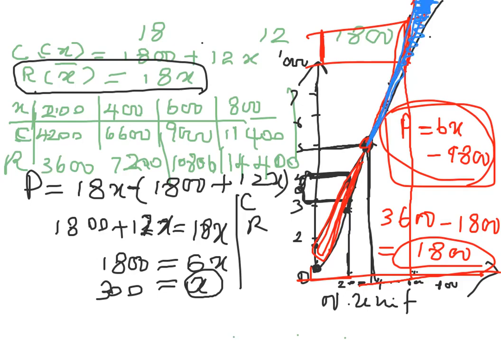And then next it's asking when we earn 2,800, 2,200 no profit. So that means you have to check where the vertical distance is equal to 2,800.